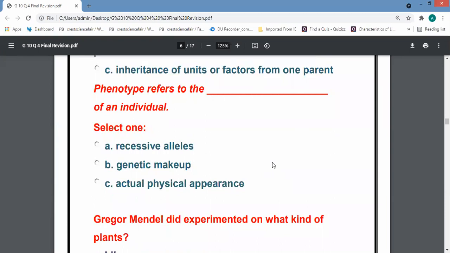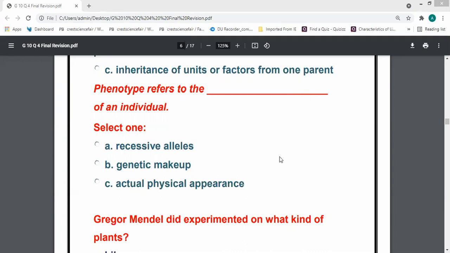Phenotype refers to the appearance of an individual. Recessive alleles, genetic makeup, actual physical appearance. Very important question. Phenotype refers to actual physical appearance.